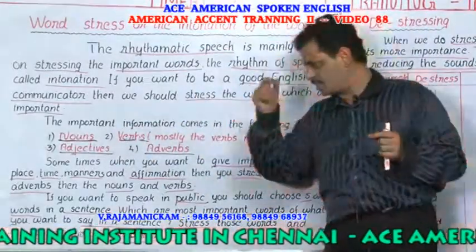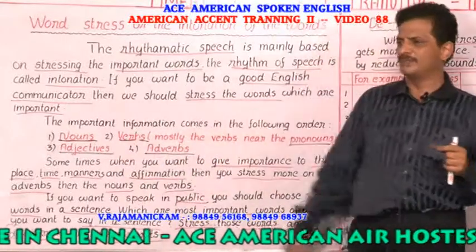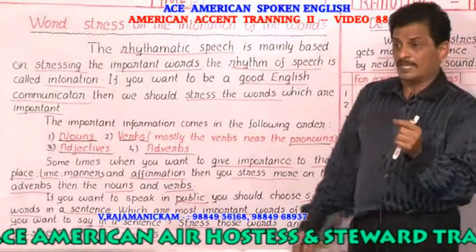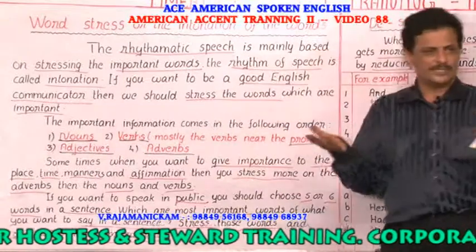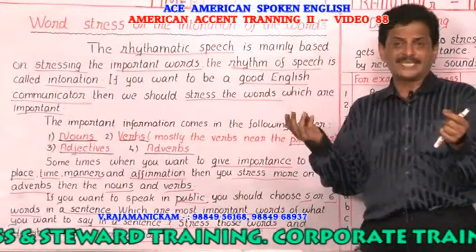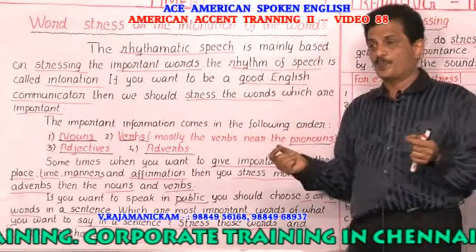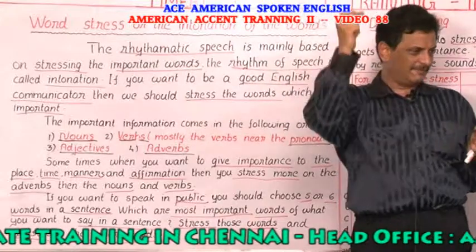Second, a verb should be stressed. Adjective should be stressed. Then adverbs should be stressed. What are adverbs? For example, who is a famous actress? Could you tell me? Okay, Tamanna. Tamanna acts beautifully. Himalaya looks wonderful.